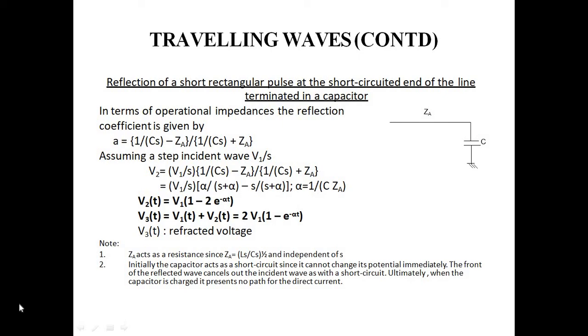That is equal to V1 divided by S times (alpha divided by S plus alpha) minus S divided by S plus alpha, where alpha is equal to 1 by C into ZA. Then V2 of t is equal to V1 (1 minus 2 e power minus alpha t). Then V3 is equal to V1 plus V2, which is 2 V1 (1 minus e power minus alpha t). Then V3 is the refracted voltage.